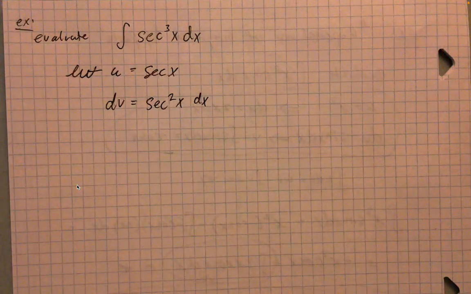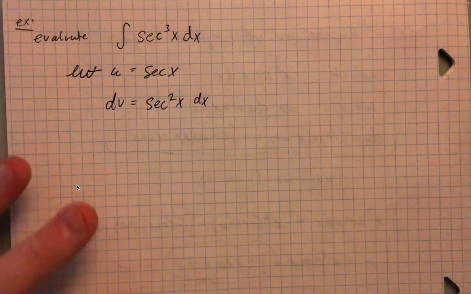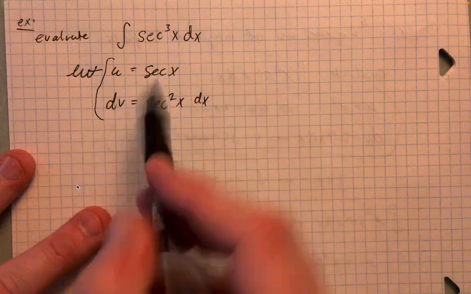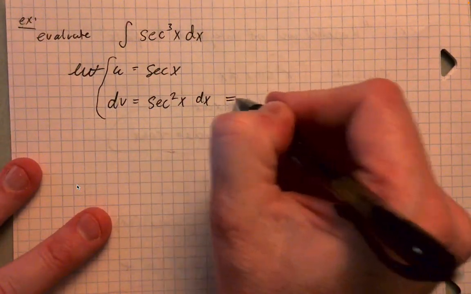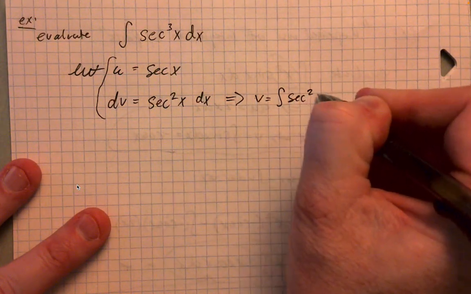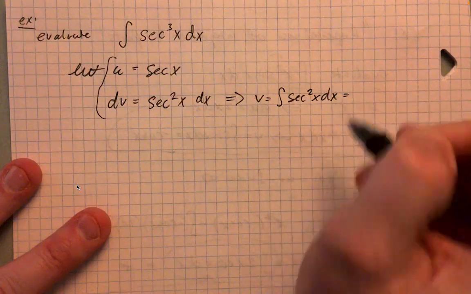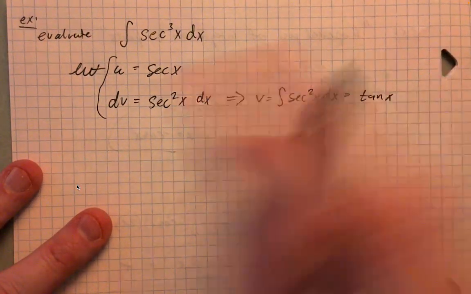Right, so secant cubed is obviously just secant times secant squared, and so we can kind of pull it apart into two pieces. Now the reason we would do that is because we do have an integral for secant squared, right? And so that means v is equal to the integral of secant squared x dx, which is the tangent of x.